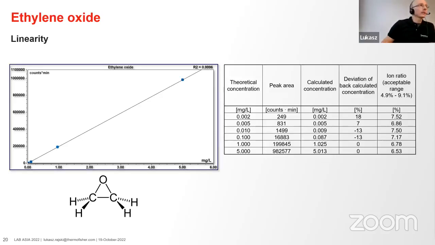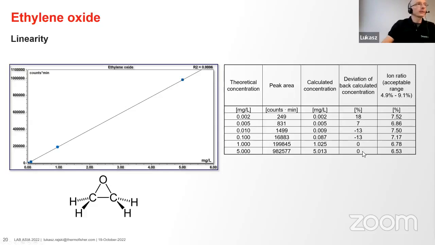And as you can see on the slide, the R squared was 0.9996. Here in Europe, when we evaluate linearity, we take into account the deviation of back-calculated concentration, and it should be below 20%, or in the range minus 20% to plus 20%.